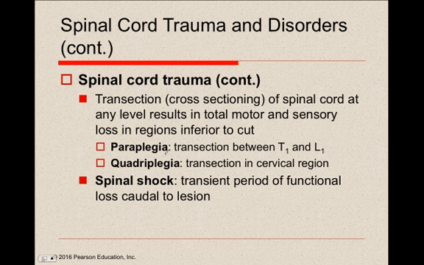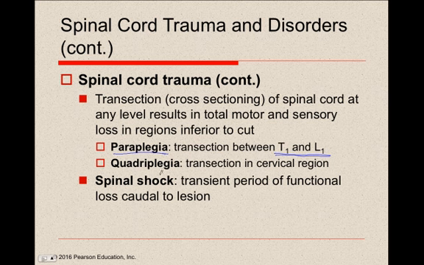And so a paraplegic would be an individual that has a transection somewhere between T1 and L1. I know that's a wide range, but how severe their paraplegia is depends upon where it is between T1 and L1.